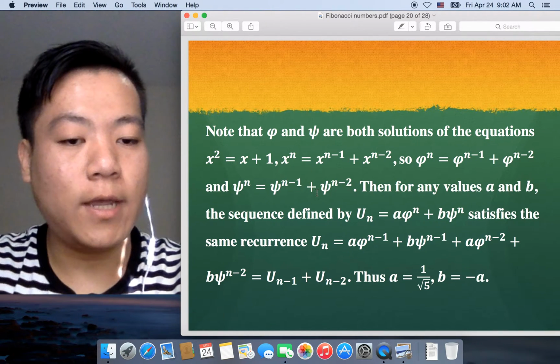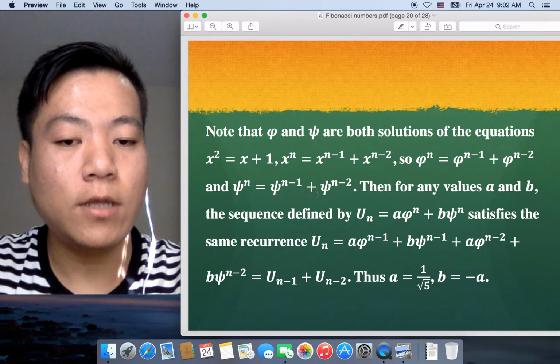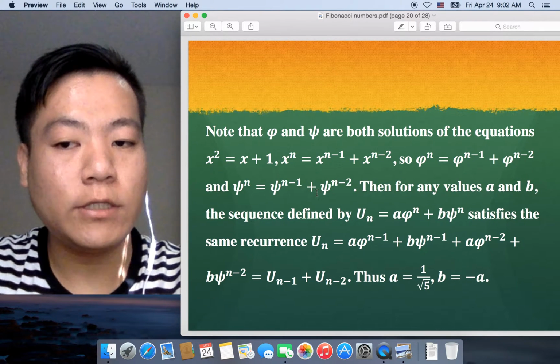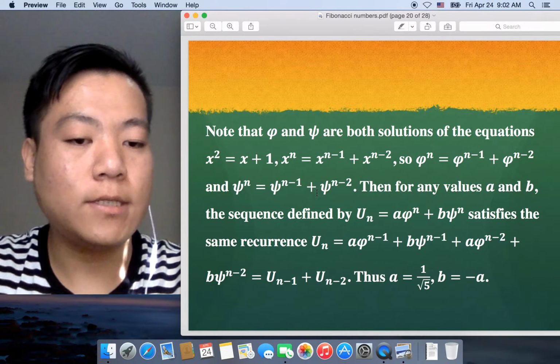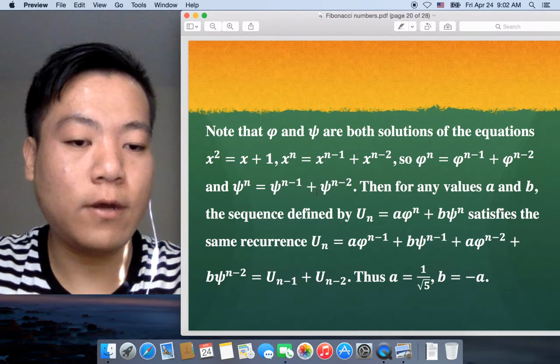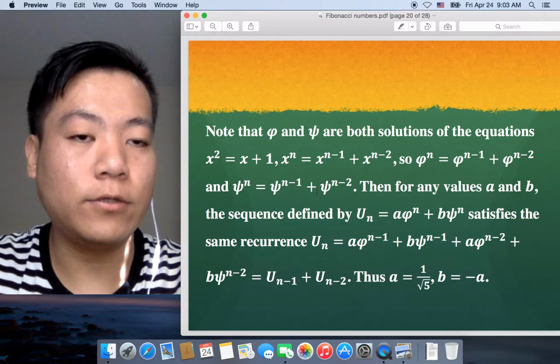If we choose a and b such that u_n is the Fibonacci number, then we can find that a is equal to 1 over square root of 5, b is equal to negative 1 over square root of 5.